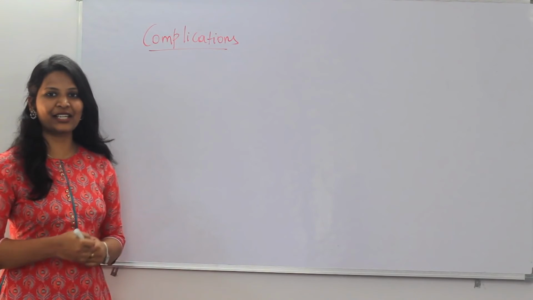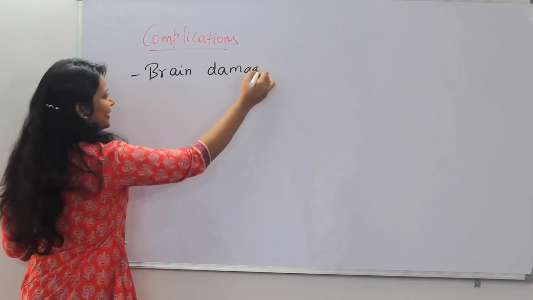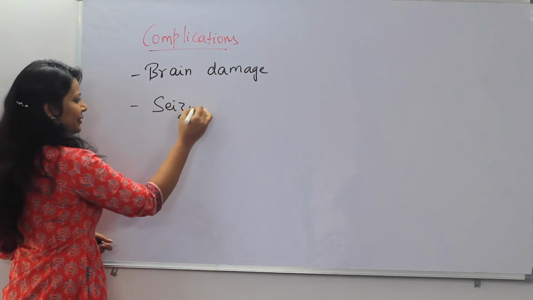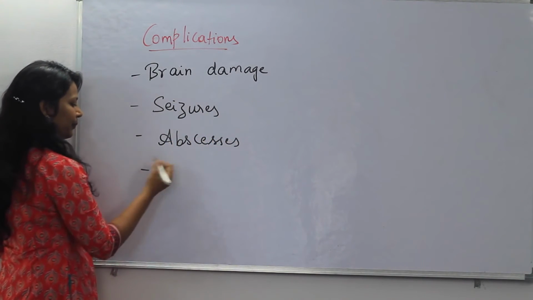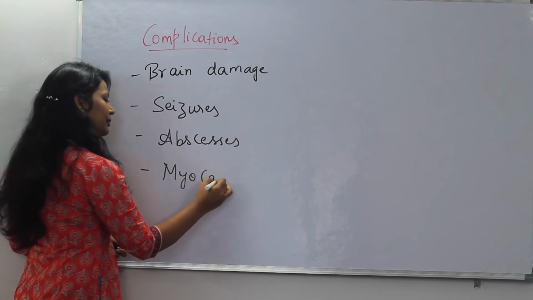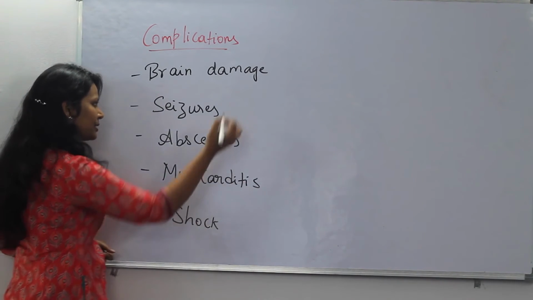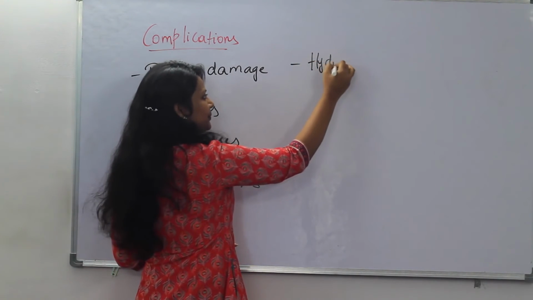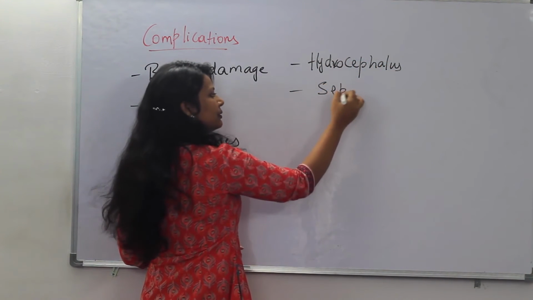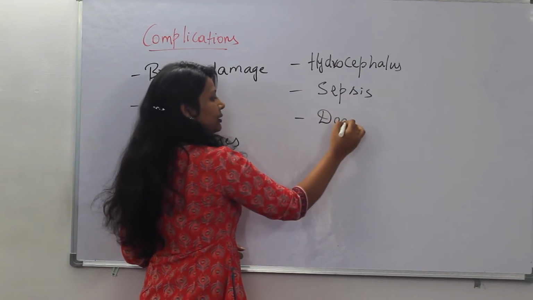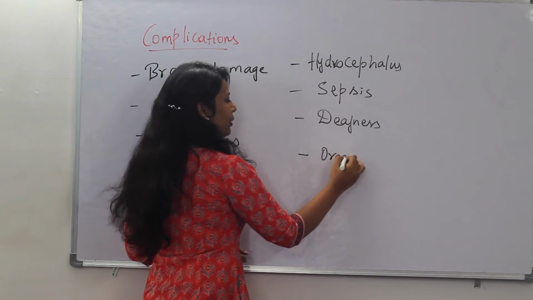Now let's see the complications of meningitis. The common complications of meningitis are brain damage, seizures, abscesses, myocarditis, shock, hydrocephalus, sepsis, deafness, organ failure.